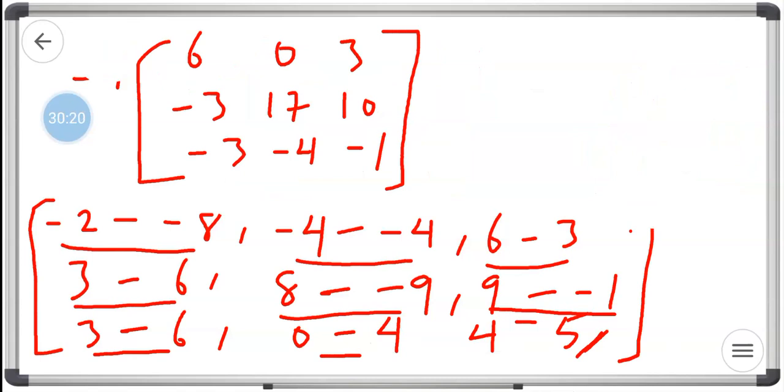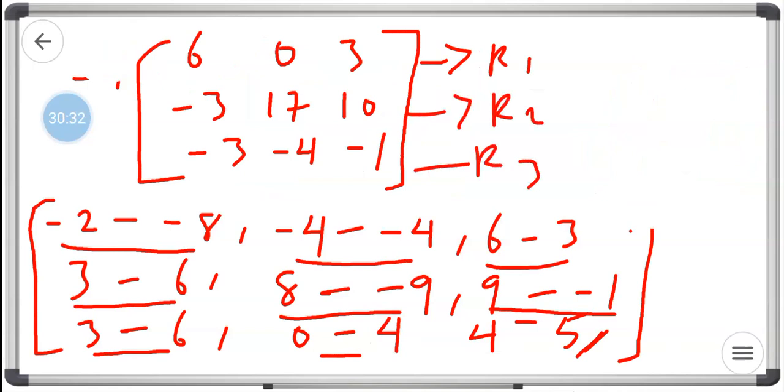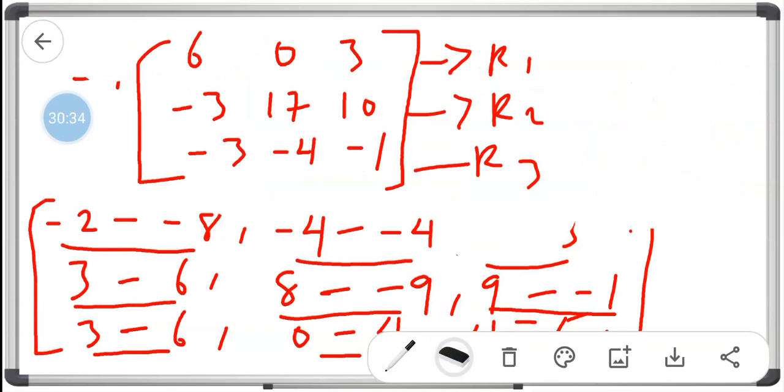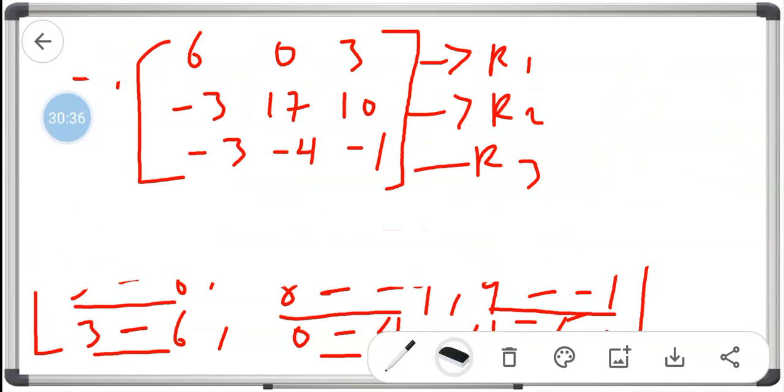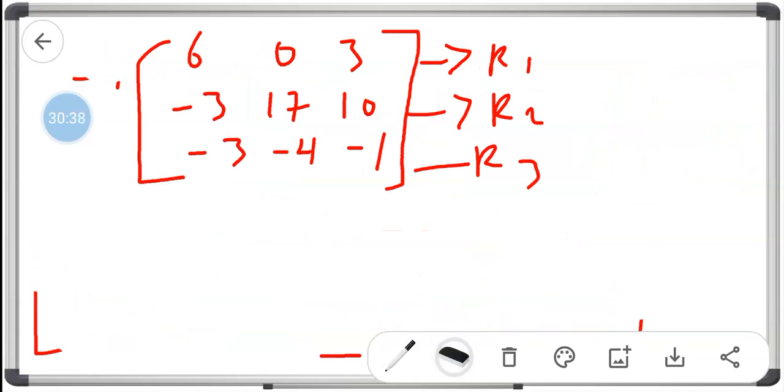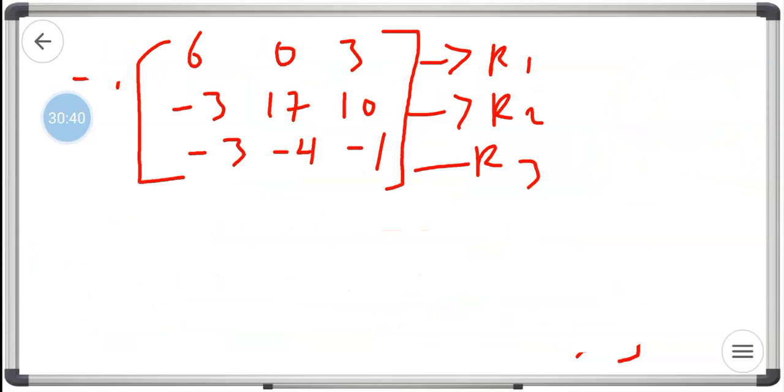Now if you look at this answer, you will also notice that we have row 1, row 2, and row 3. And here as well, we have column 1, column 2, and column 3.